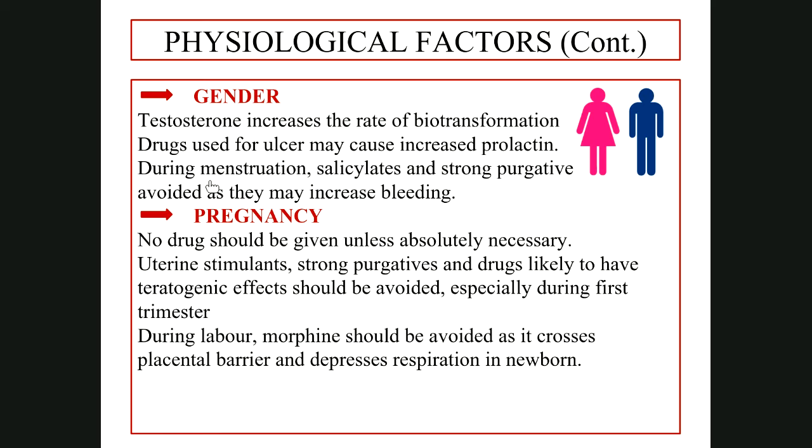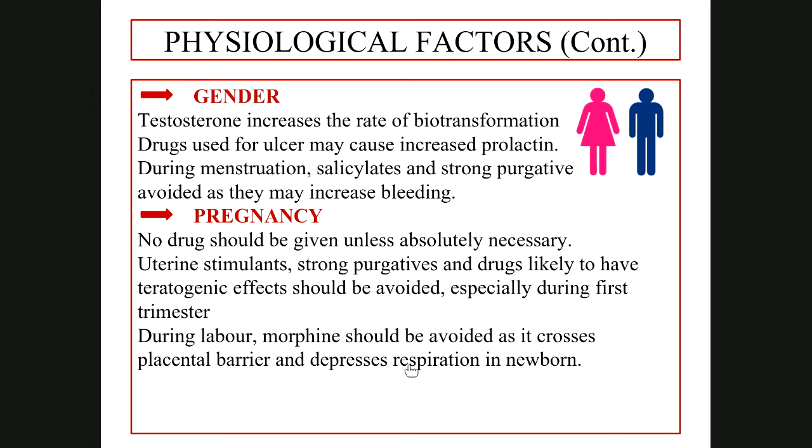And during menstruation, if salicylates or any other strong purgatives are given, they might cause an increase in bleeding. Purgatives are those drugs which loosen the stools. So during menstruation, if these drugs are given, they might increase the bleeding.